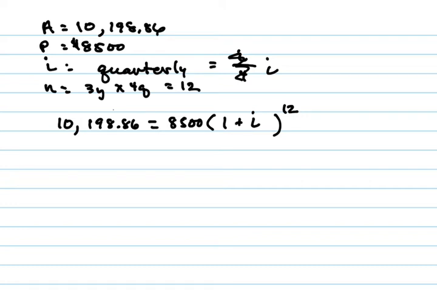Now, I have a bracket, but it's 1 plus I. Can you add a 1 and an I? No. Which means I also can't do the exponent. But this 8,500 is connected to that bracket by what operation? So I could move it, right? By simply dividing both sides by the 8,500.